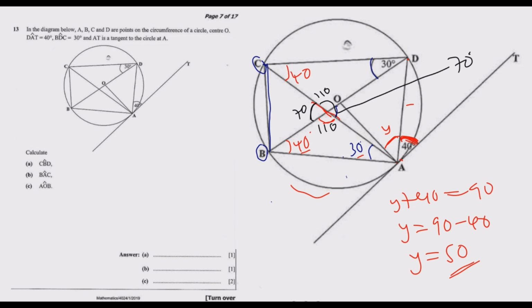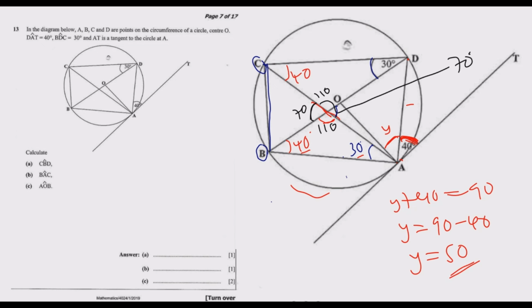What else can we find? We know that BD is passing through the center O, so BD is a diameter. Then the angle in the circle facing the diameter adds up to 90 degrees.